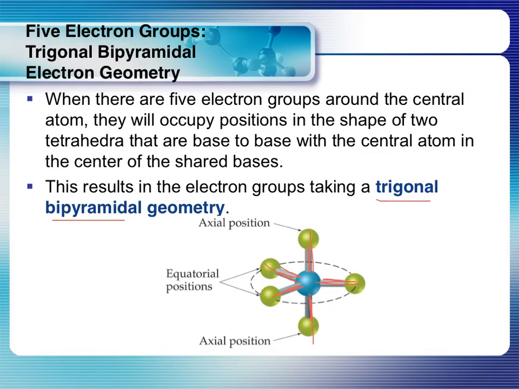One of the things that's odd about trigonal bipyramidal is that there are 2 different angles. The angles between the domains in the axial position and one of the equatorials is 90 degrees, and the bond angles between 2 of the equatorial positions are 120. Okay, so you have 2 different angles here.